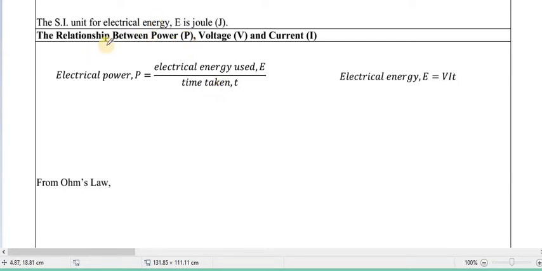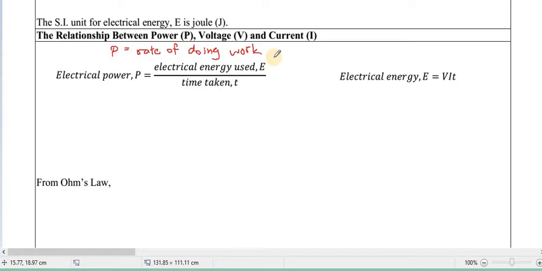In Form 3, you learned that electrical power is the rate of doing work. So basically, power means how much work you can do every 1 second.